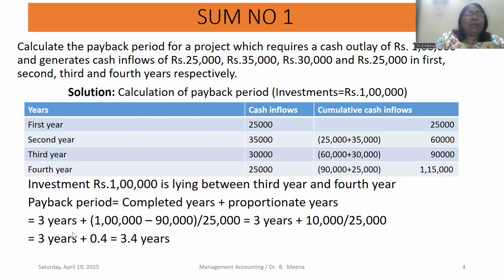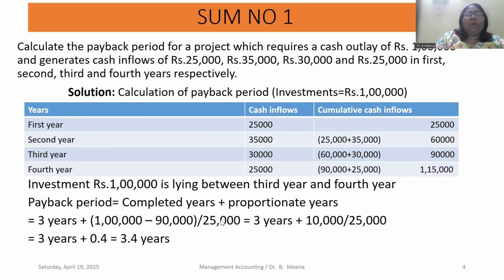So how to calculate the payback period? Completed years: 90,000 I'm getting in the third year, so 3 years plus the remaining balance out of 1 lakh. So 1 lakh minus 90,000 is 10,000. So 10,000 divided by the fourth year's cash inflow, 25,000.